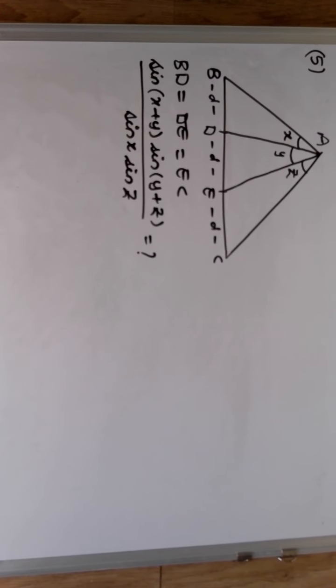I haven't written the question actually, but I will read it. Points D and E are on side BC of triangle ABC such that BD, DE and EC lengths are equal. Now if angle BAD is taken as x, angle DAE as y and angle EAC as z, then you have to find the value of sin(x plus y) sin(y plus z) to the ratio of sin x and sin z.